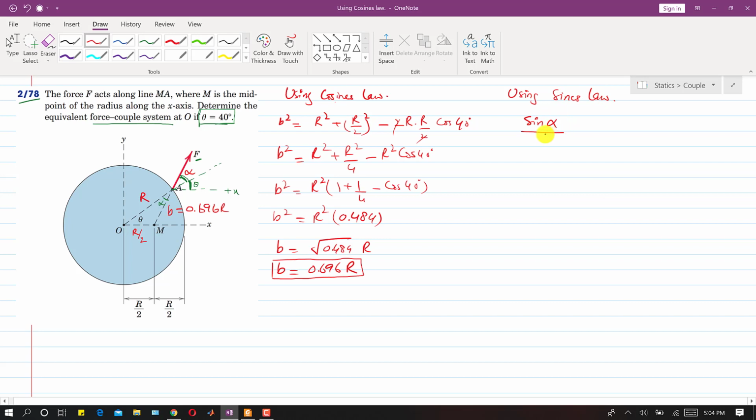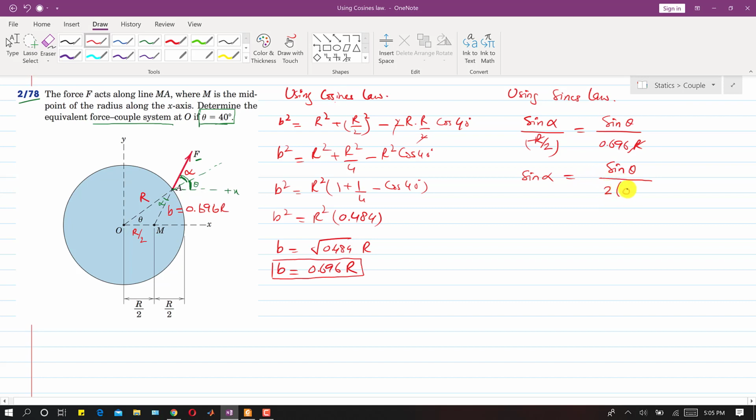Sine of alpha divided by the opposite side, which is R divided by 2, will be equal to sine of theta divided by the opposite side, which is 0.696 R. So sine of alpha will be equal to, this R will cancel out with this R, sine of theta, and here we will get that 2.